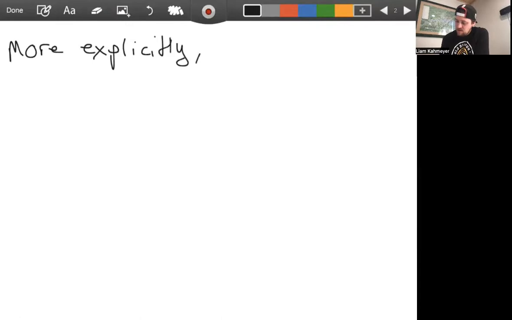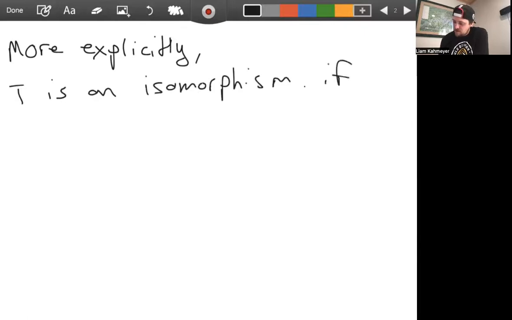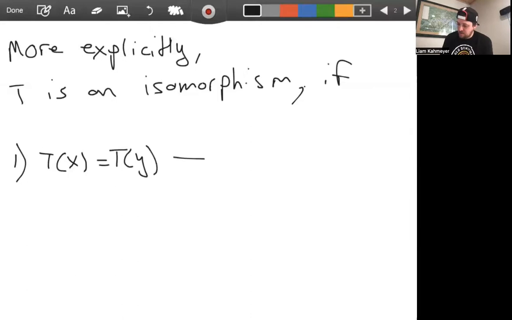What do we mean more explicitly here? T is an isomorphism if the following criteria hold. We have that T of X equals T of Y implies that X equals Y, right?